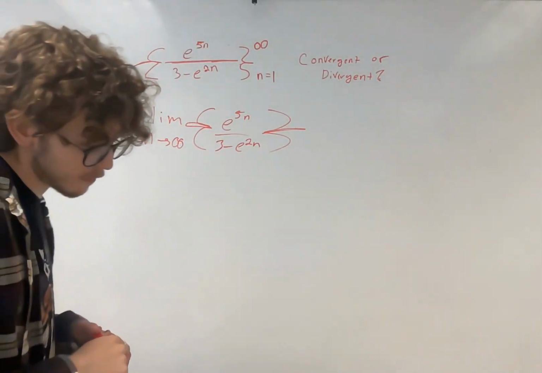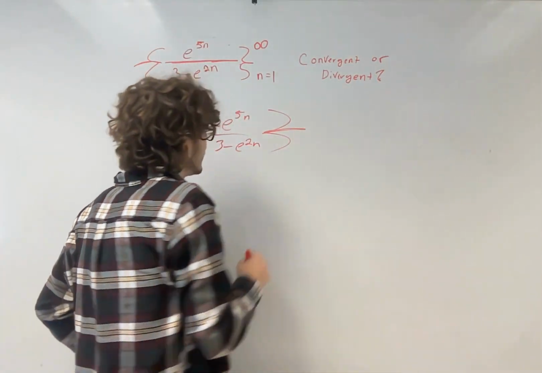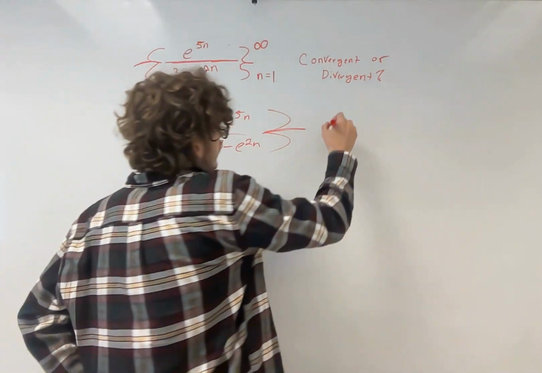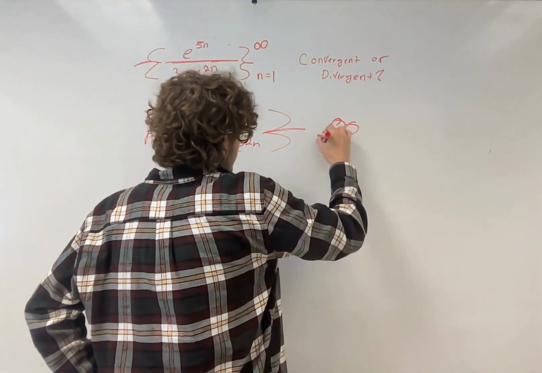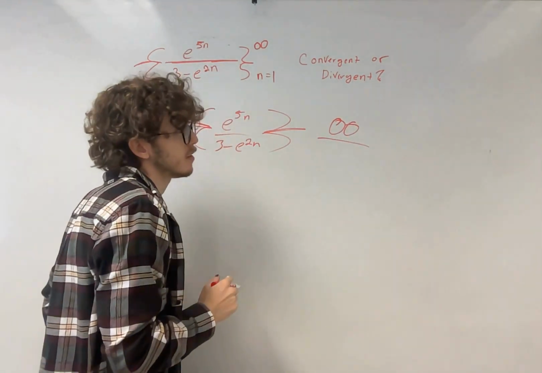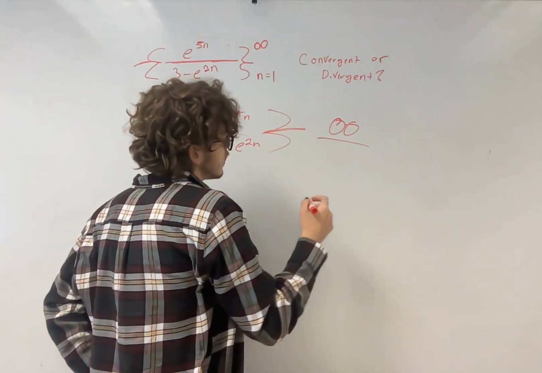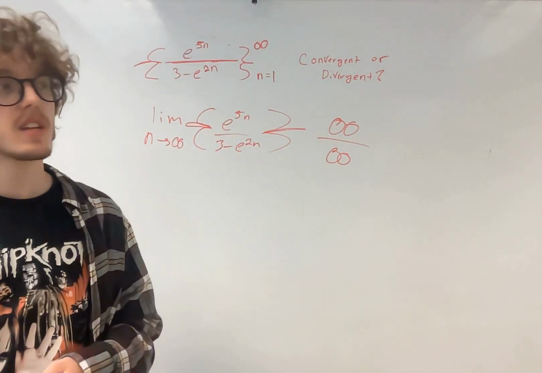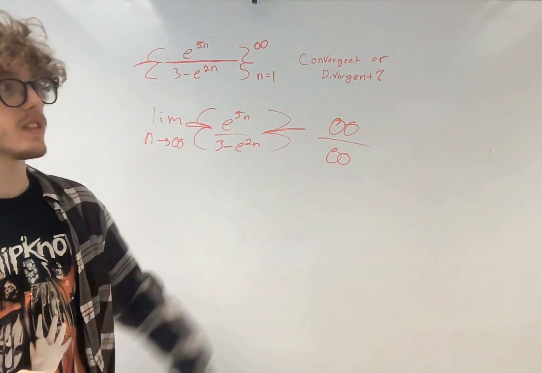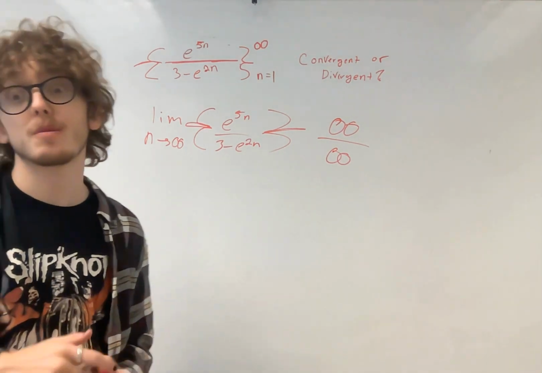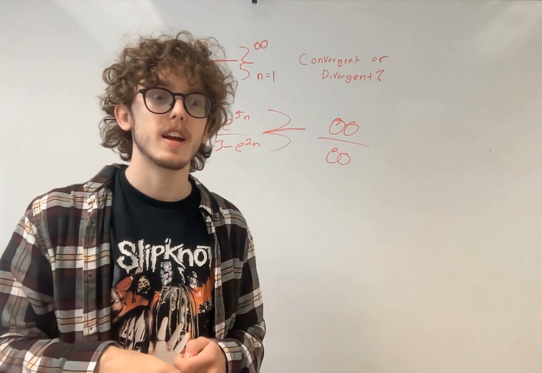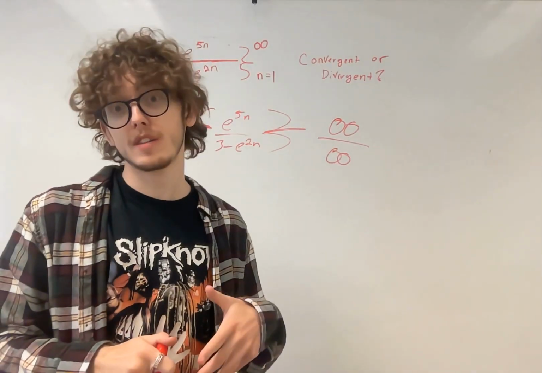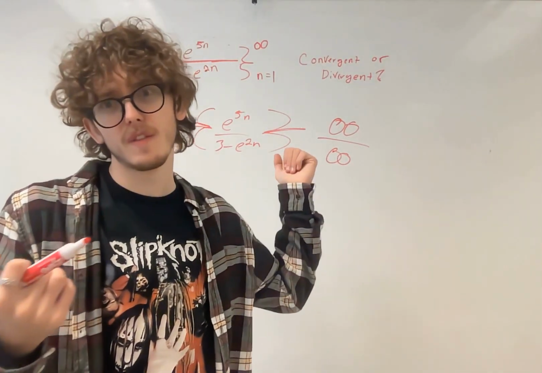Well, let's plug in infinity. e to the 5 infinity is infinity, and 3 minus e to the 2 infinity is also infinity. This is indeterminate. You can't determine if the limit exists or not, because it's infinity over infinity.